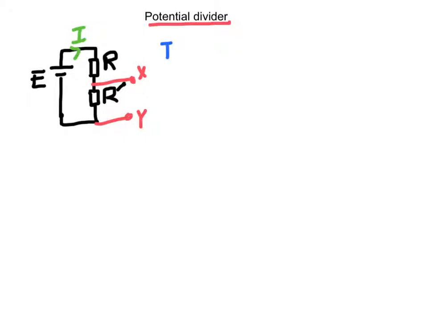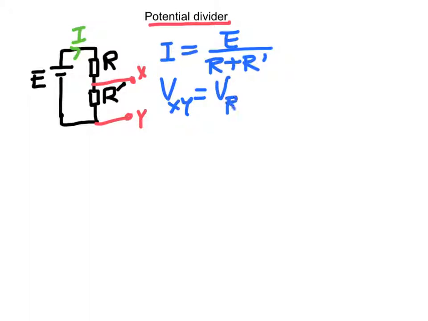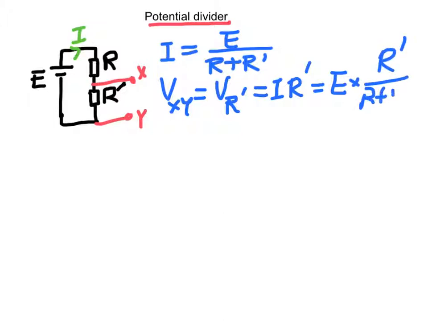The current in the circuit I is equal to E over R plus R pi, and the voltage across XY is equal to the voltage across R pi, which is equal to I times R pi, equal to E times the ratio of R pi over R plus R pi.